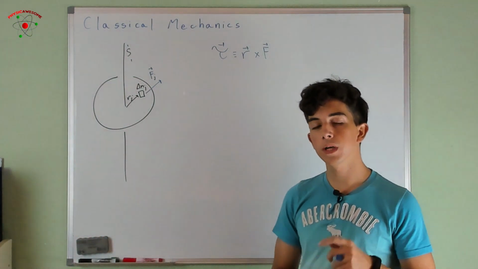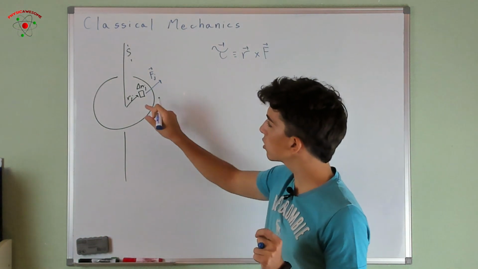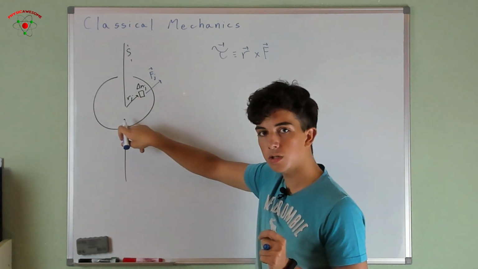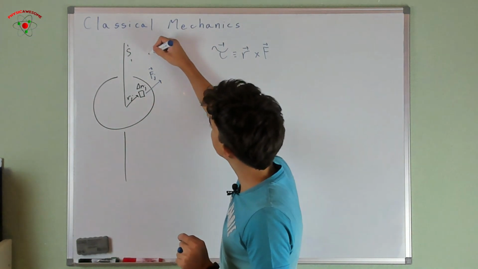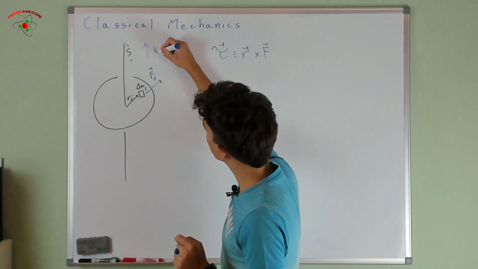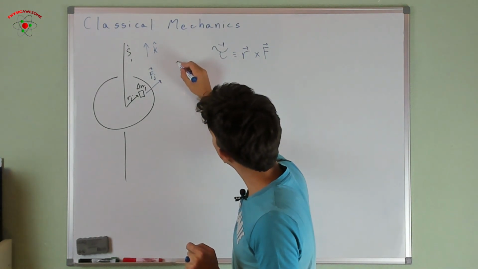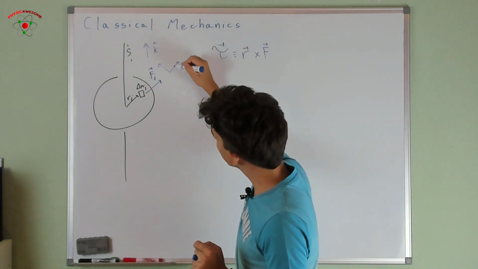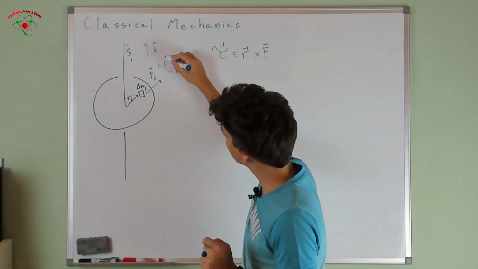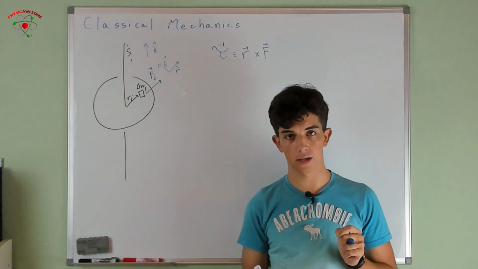First of all, we need to consider that the torque relevant to this situation is going to be the one that points in the k-hat direction. We're going to write our coordinate system with r hat and theta hat.